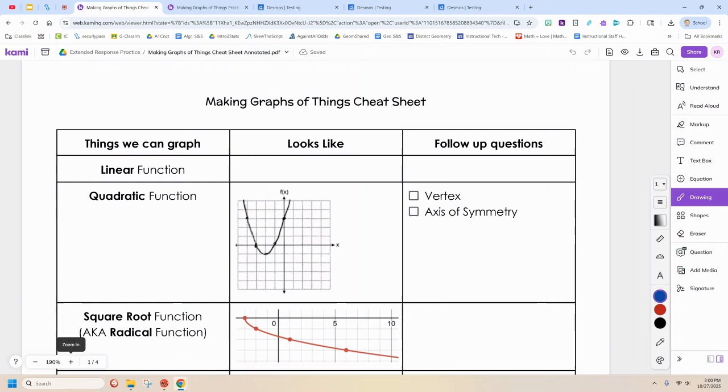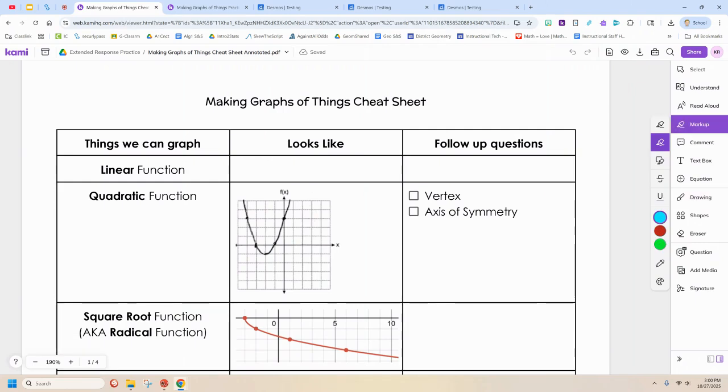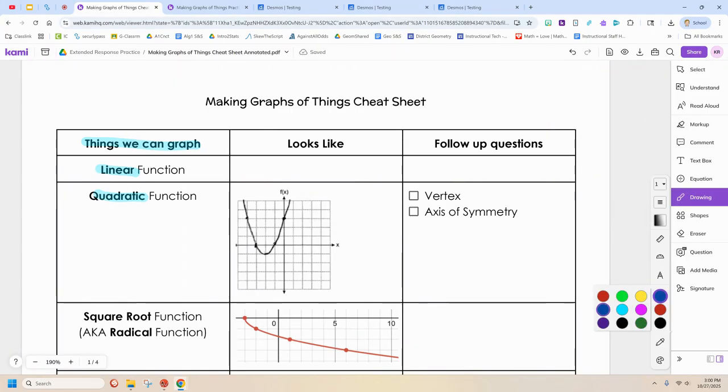So things that we can make graphs of. You might be asked to make a graph of a linear function. That's just a straight line. Your quadratic function is in the form of usually some sort of f of x equals ax squared plus bx plus c, and it makes this really nice graph called a parabola.